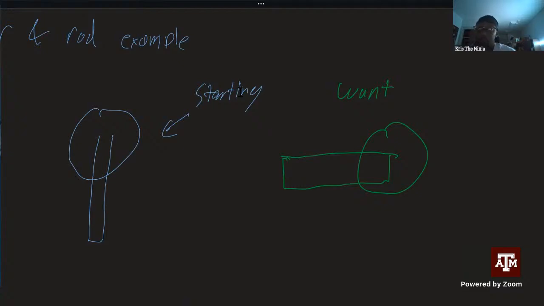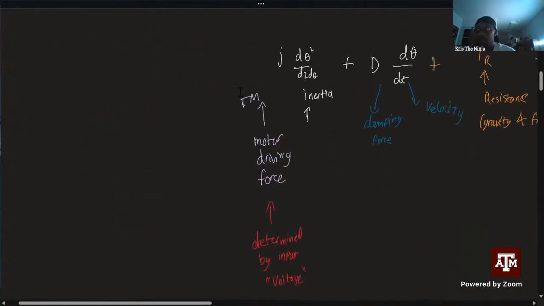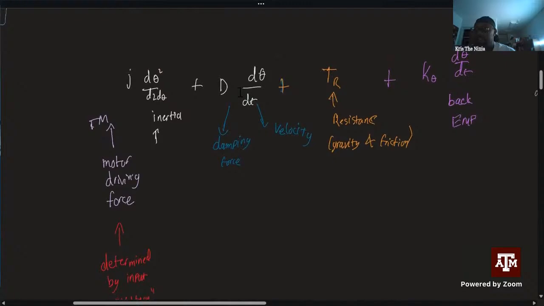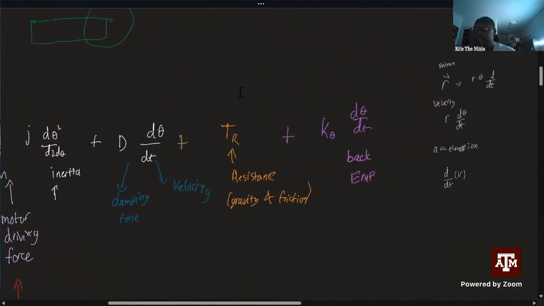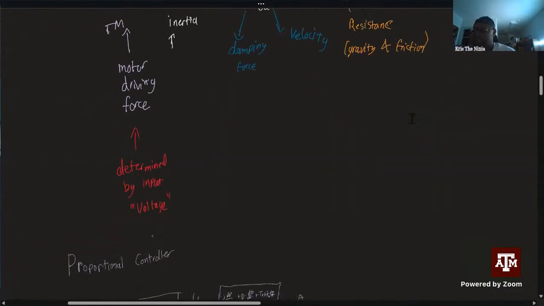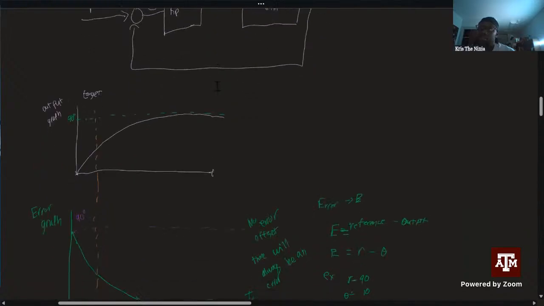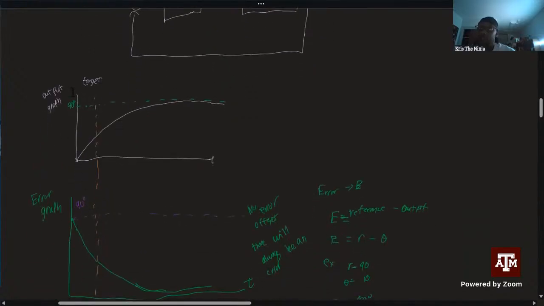But yeah, we used a motor and rod example. These are the equations that you would need to calculate that, but this is just the derivation part. Quick little derivation of how velocity and position and acceleration are all related. And you have your proportional controller. So then you have how your output will go.